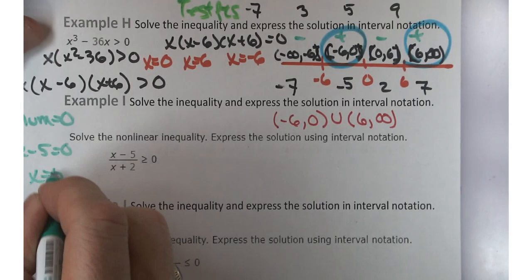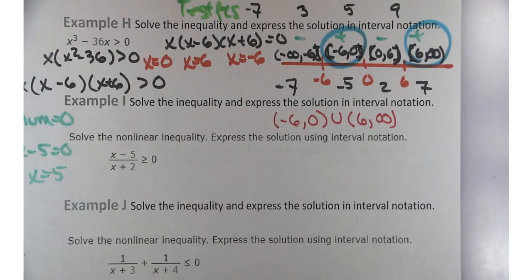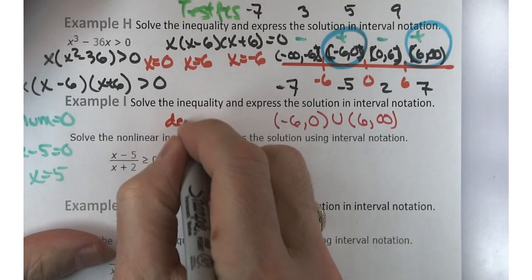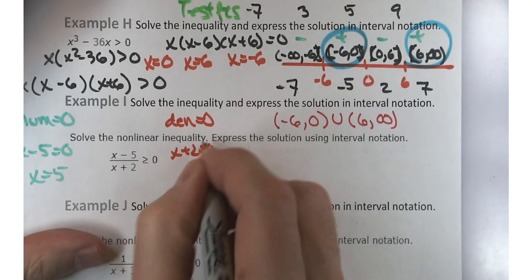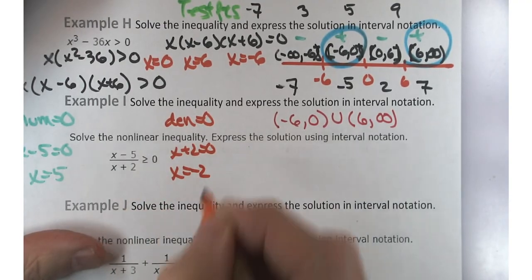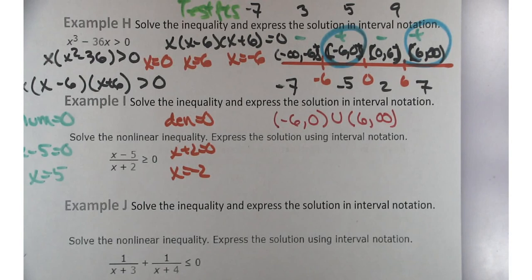X equals 5. And then we're going to have to set the denominator equal 0. So it's going to be x plus 2 equals 0. And that's going to be true when x equals negative 2. So we have those two possibilities where this function can change signs. Everywhere in between those points, it's always going to be either positive or negative. We just got to figure out which.